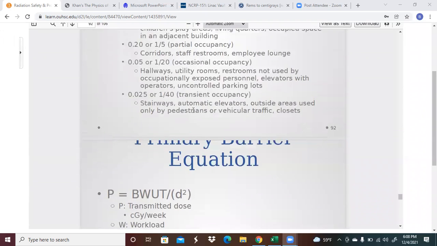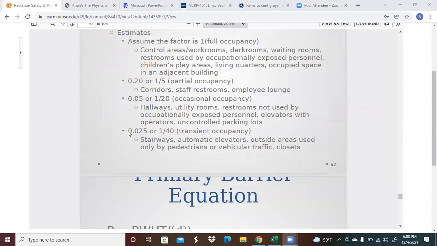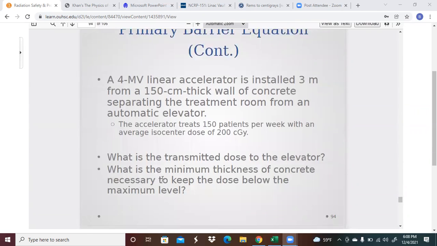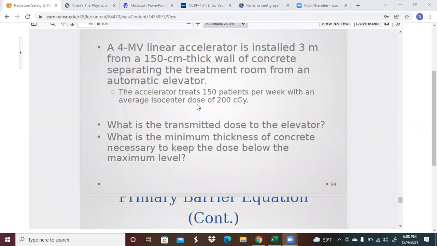Now, an automatic elevator here ought to clue us in as to what the occupancy might be. So the accelerator treats 150 patients per week with an average isocenter dose of 200 centigray.